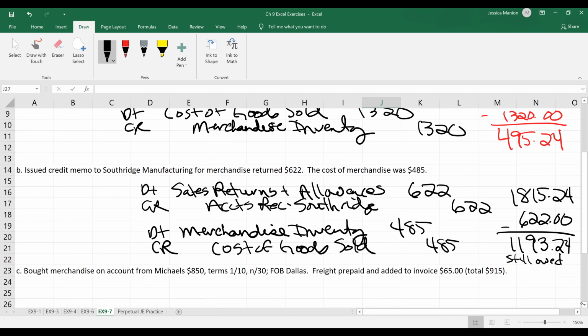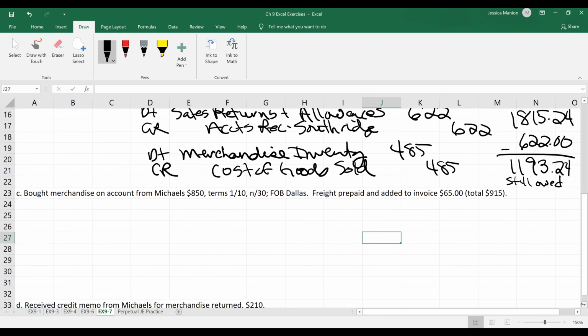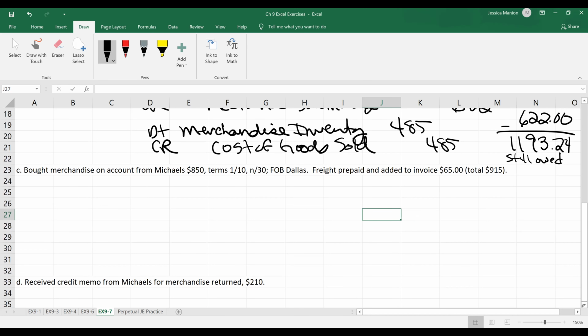All right, here's another one, letter C. This one says bought merchandise on account from Michael's 850, terms 1/10, n/30, FOB Dallas. So that's FOB destination. In this case, again, we don't use the freight in account. So on this one, we're just adding those freight costs to our inventory.